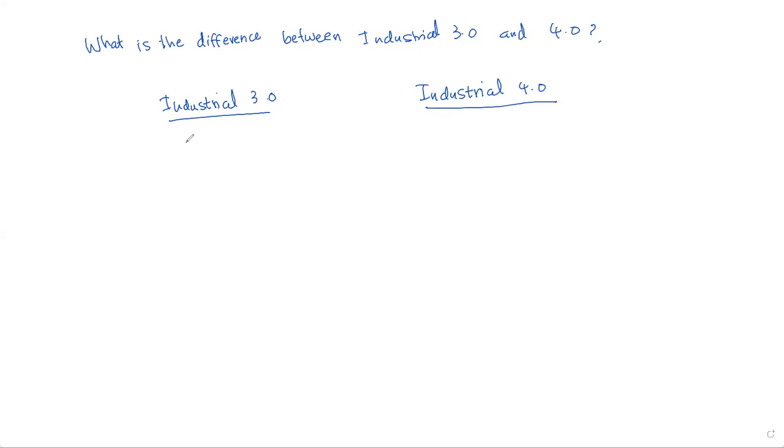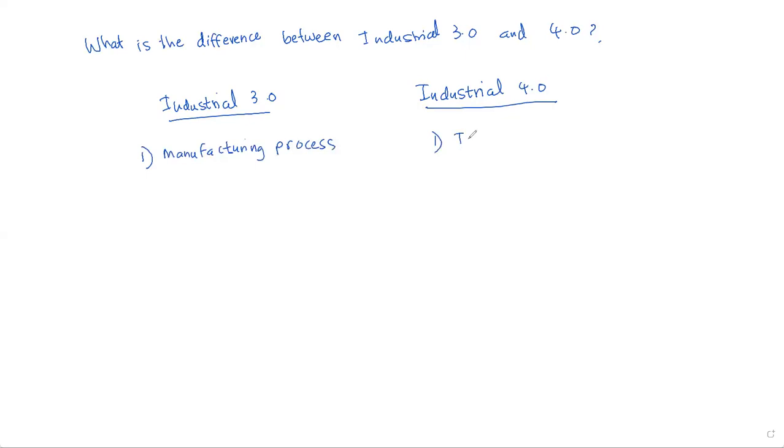There are changes in terms of productions, like operations, right? So the focus in Industrial 3.0 has been on the manufacturing process. However, the focus in 4.0 has been on the product, improving the product lifetime.